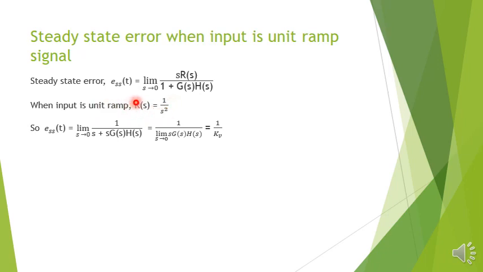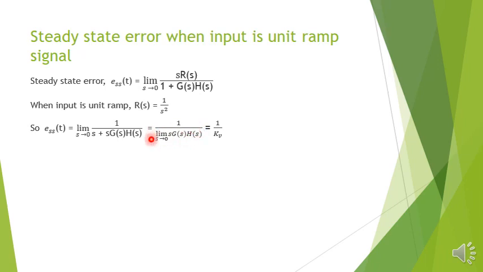Now if I substitute R of s equal to 1 by s square, what happens? This s and one s get cancelled, so steady state error becomes limit as s tends to 0, 1 by s plus s into G of s, H of s. Now as s tends to 0, this is one constant, this becomes 0, and limit as s tends to 0, s G of s, H of s.